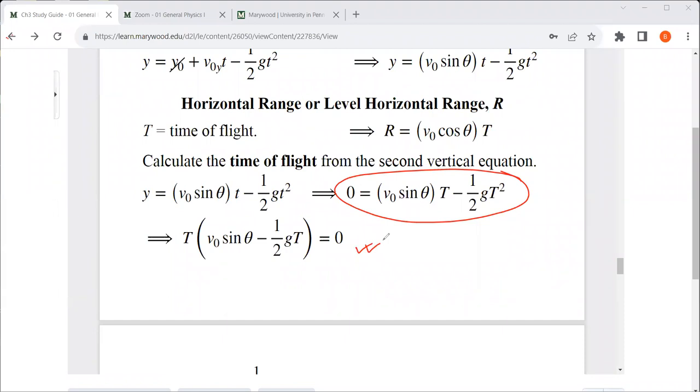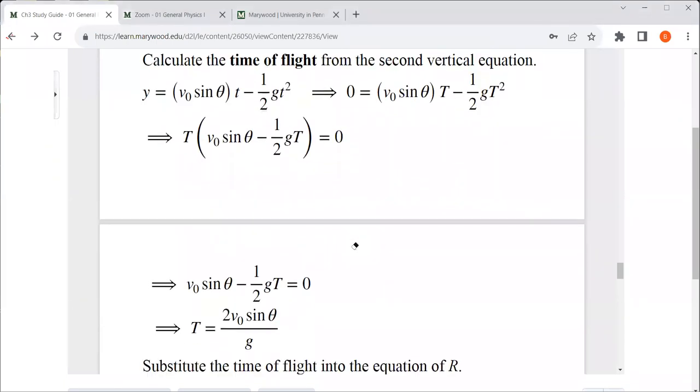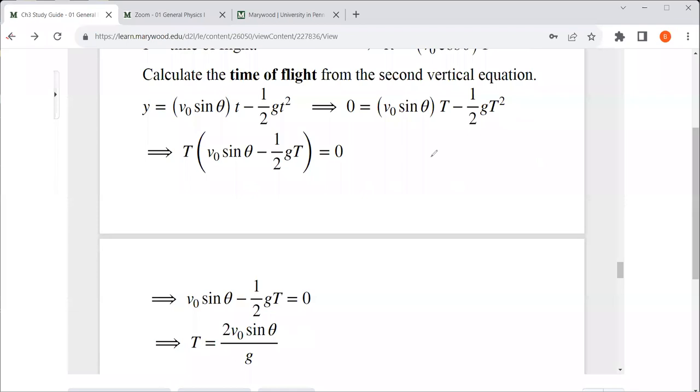Now this equation has two solutions. One is t equal to 0, but this cannot be the solution because t cannot be 0. It travels for some time. The other solution is when this part equals 0: v0 sine theta minus half g T equal to 0.